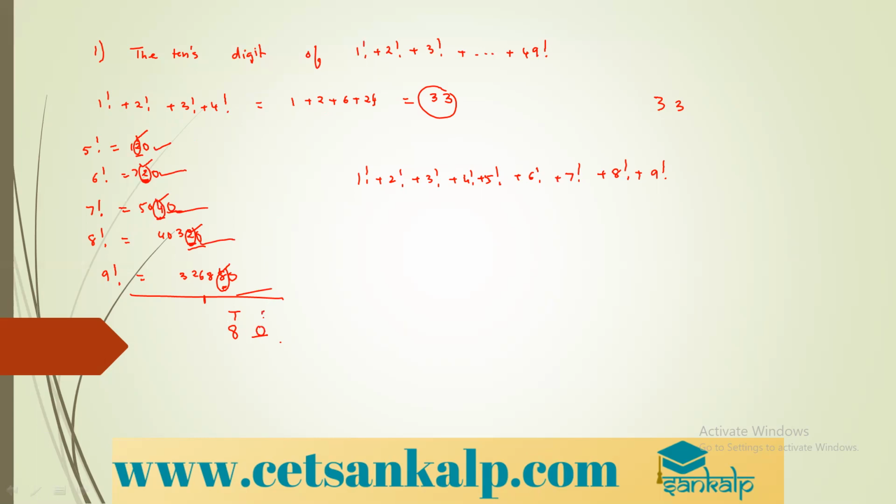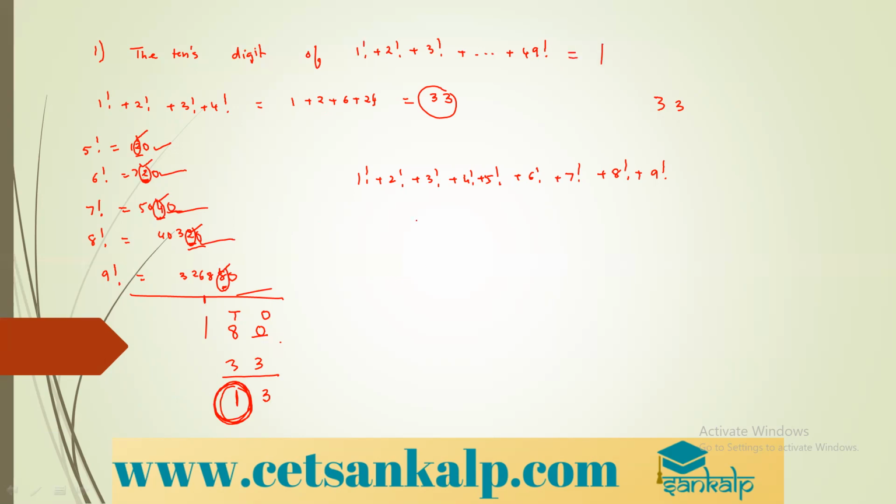All zeros are there. Next, when you take 33 and add, I will have ones place 3, but tens place 1 and again it is carried. So finally, the tens digit which they are asking for, I am getting 1 here.